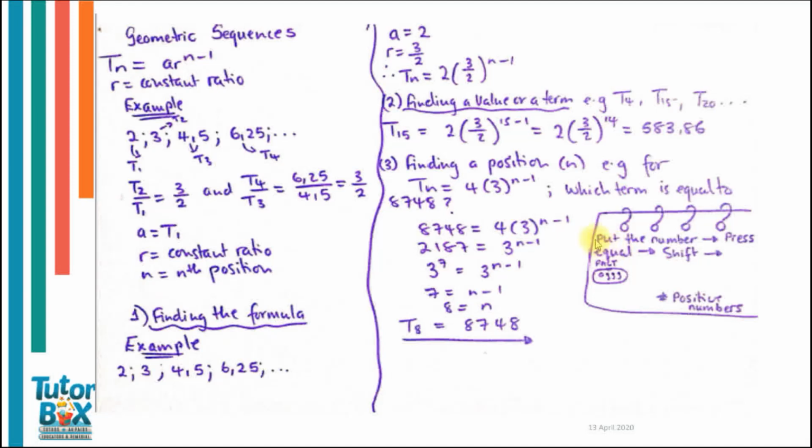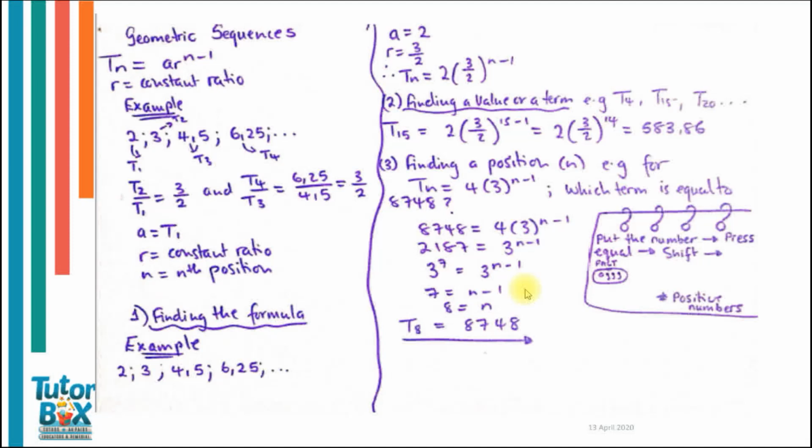You put the number, in this case 2,187, and press equals. That number should display on your screen. After that, you press shift and then the button that has fact written there. It's actually going to work this out for you and give you an answer in terms of prime factorization in your calculator.